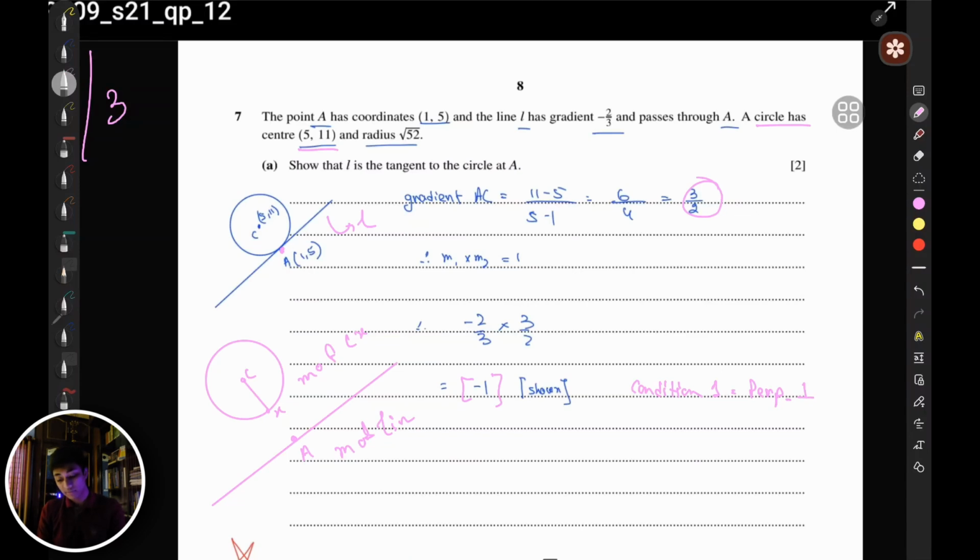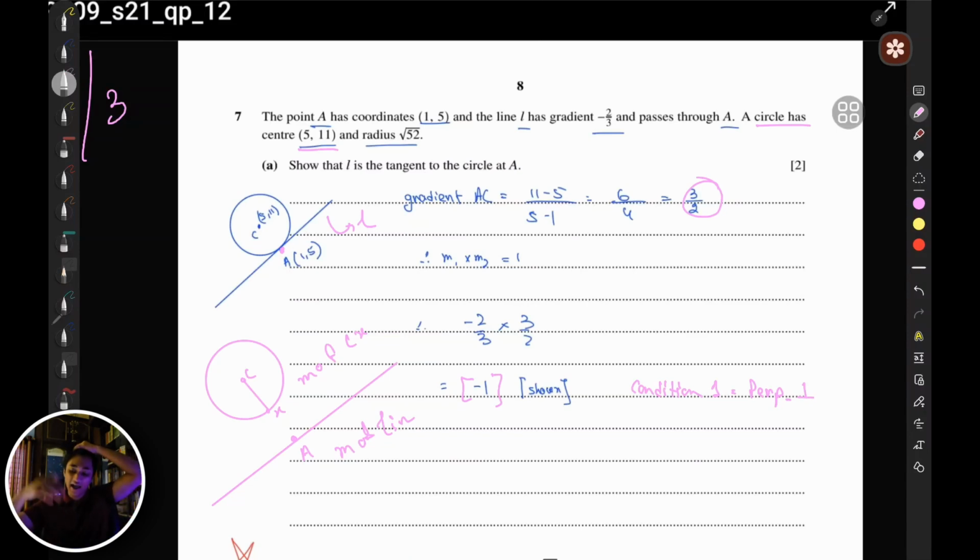It might happen, but they're not tangent to each other. So how do you prove that the line is touching the circle and it is a tangent? How do you prove that?